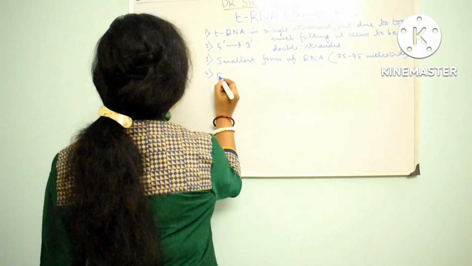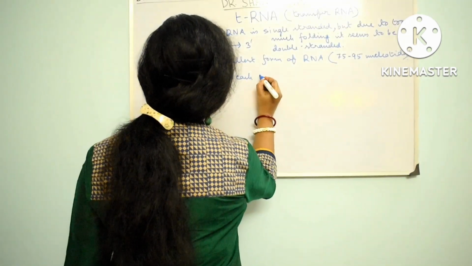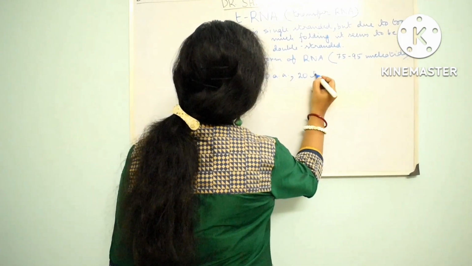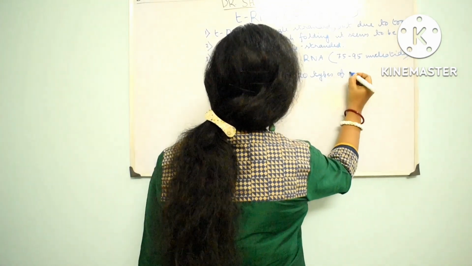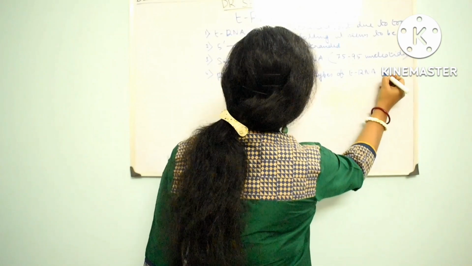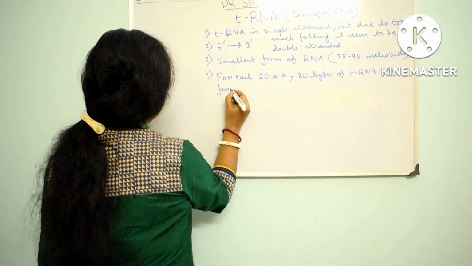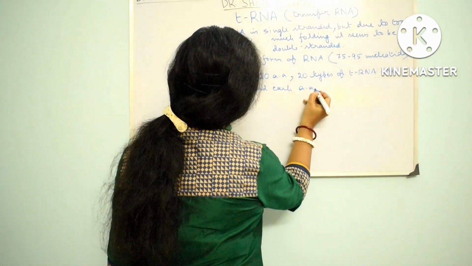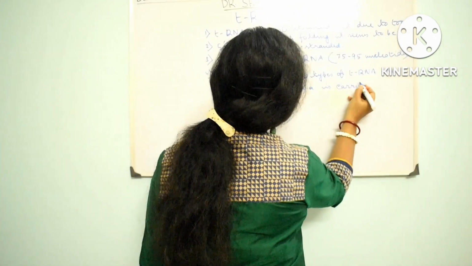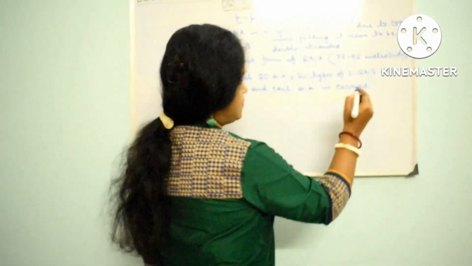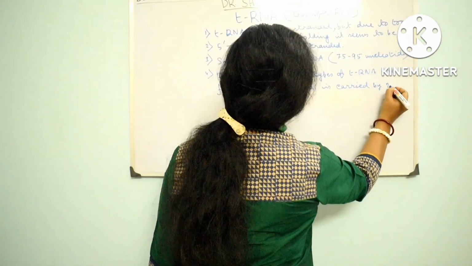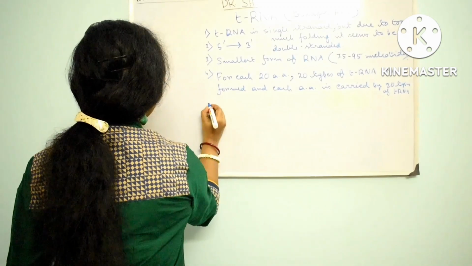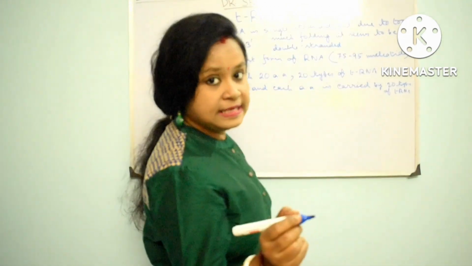For 20 amino acids, 20 types of tRNA are formed, and each amino acid is carried by one of the 20 types of tRNA.